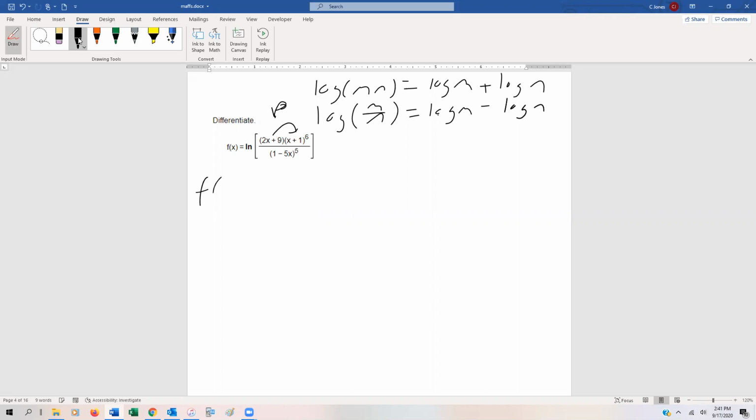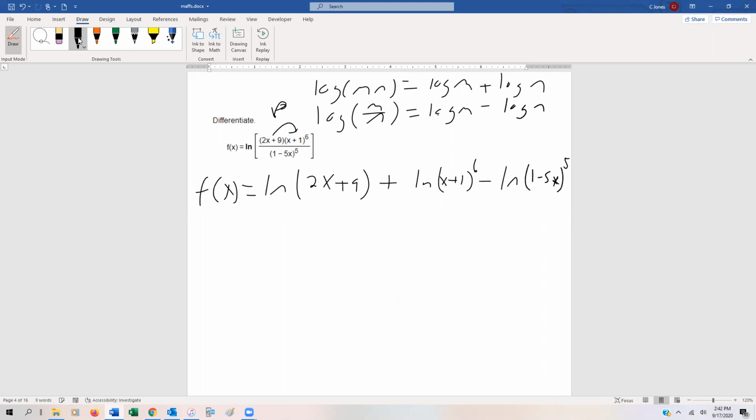So another way to rewrite this by using some logarithmic algebra is ln of 2x plus 9 plus ln of x plus 1 to the 6th minus ln of 1 minus 5x to the 5th power.